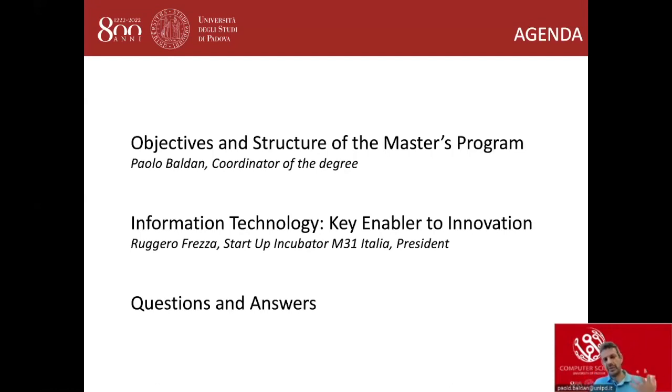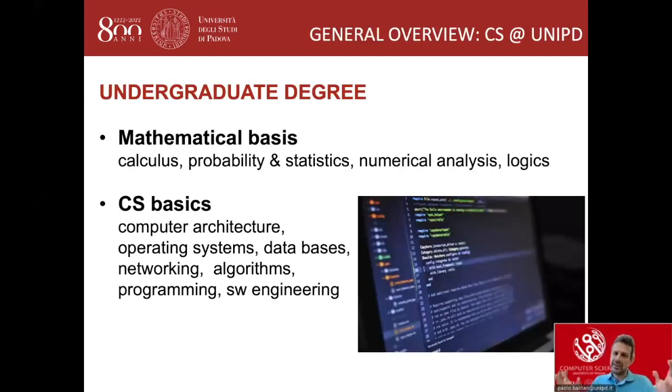He will be speaking about information technology as a key enabler to innovation. And at the end of the presentation, we will have some time for your questions and we will try to answer.